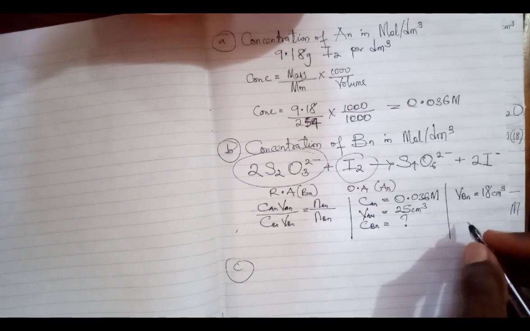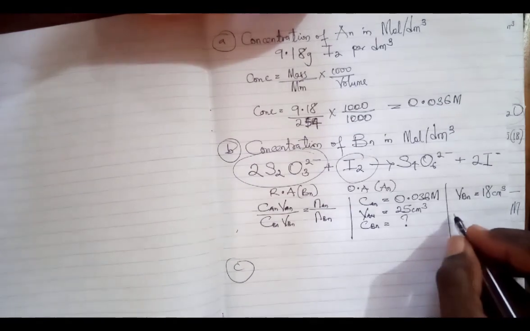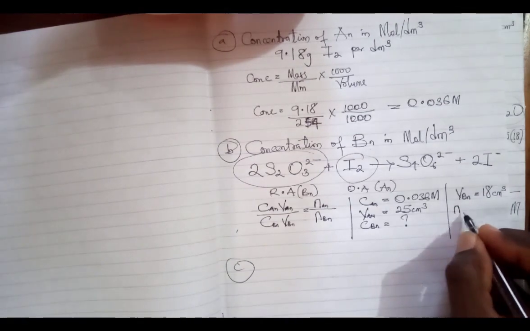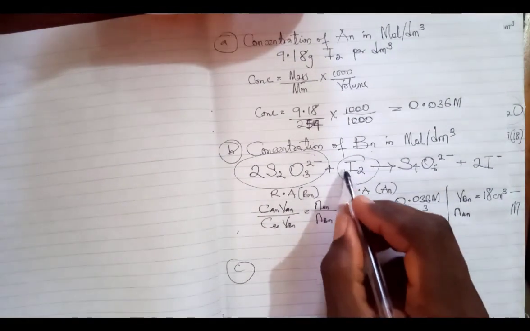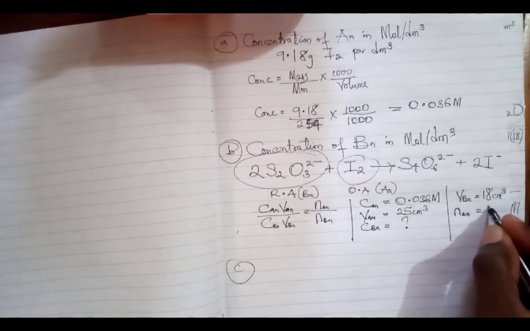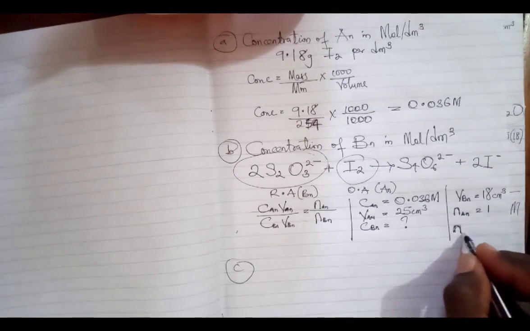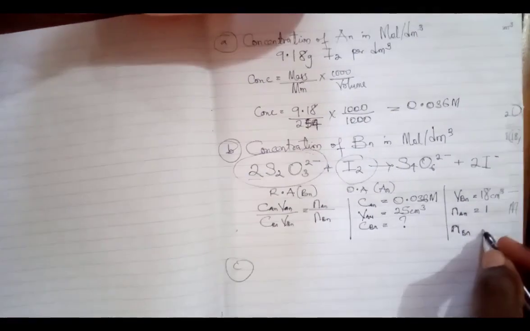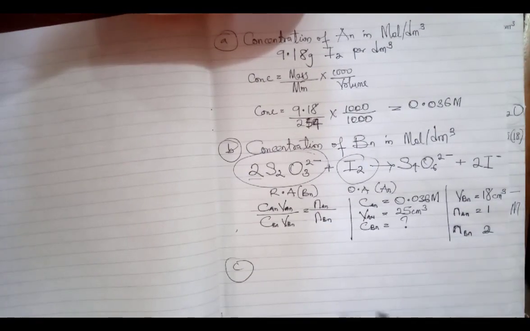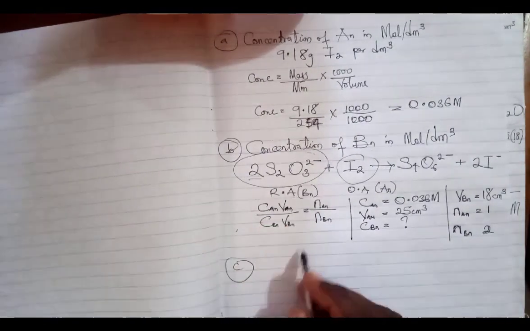Then our number of moles of iodine, NAN, is 1. Then our number of moles of BN, which is thiosulfate, is 2. Alright, so now let's substitute into the formula.